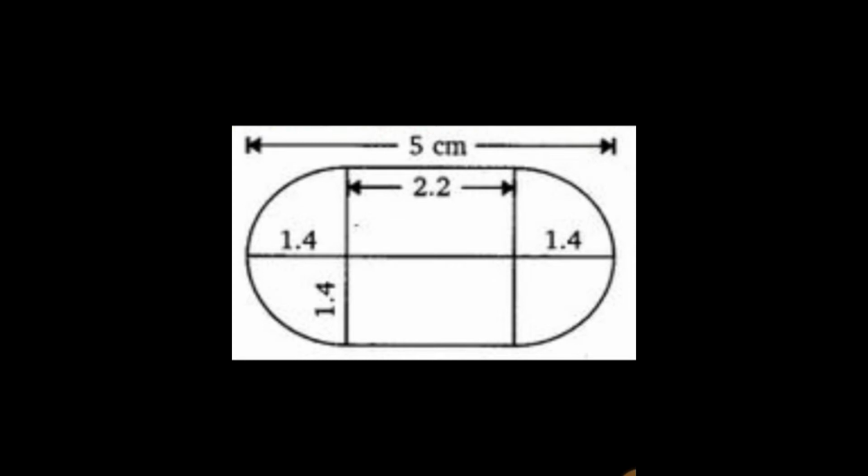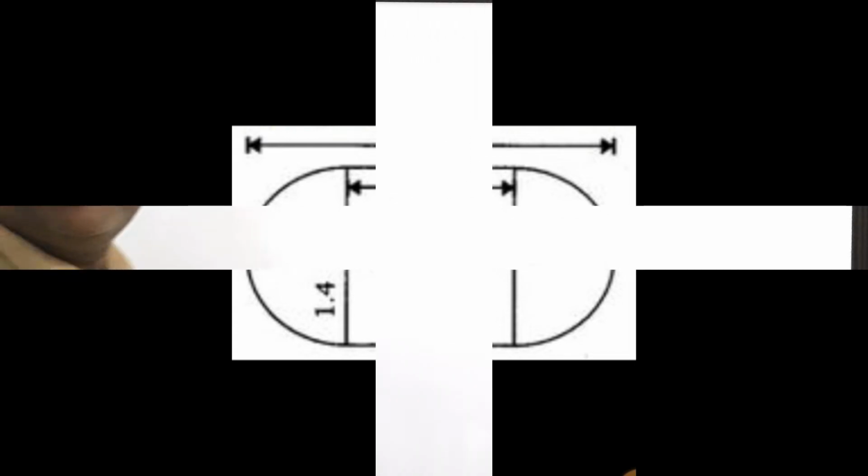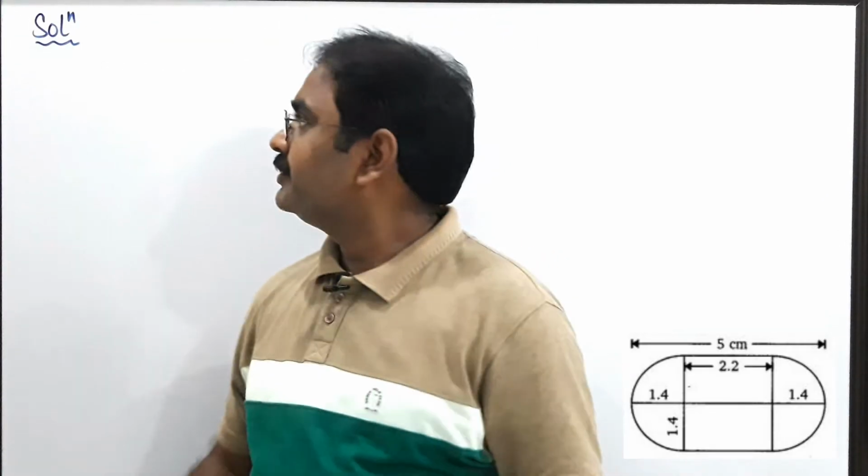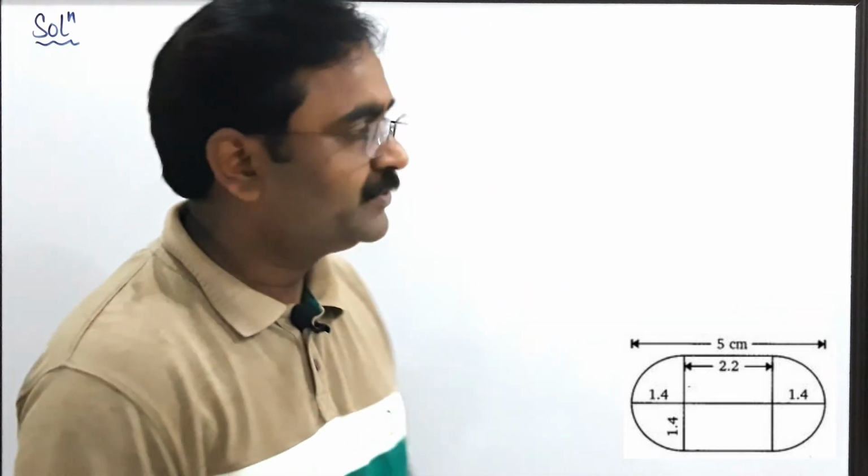After that we have to find out the approximate sugar syrup in the total 45 such gulab jamuns. So friends, let us see and calculate the amount of sugar syrup in such 45 gulab jamuns. Okay dear friends, so let us see the solution of this question.